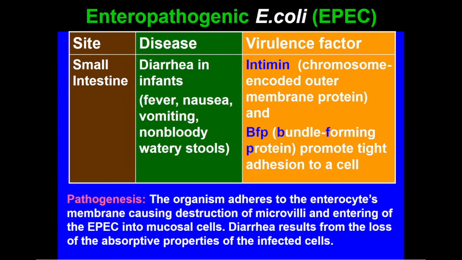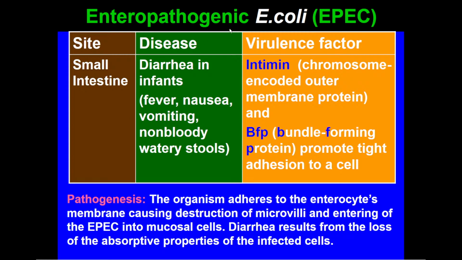Now, a few words about this. You can see this table, by the way, in the old lecture book for special microbiology. I would not read it in very great detail, but I would like you to try to differentiate them by the disease and by the virulence factors that are produced. So the first one is enteropathogenic.